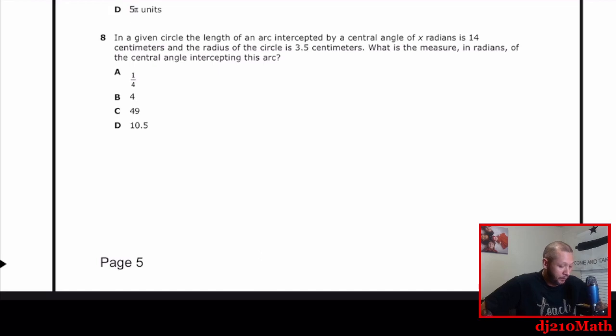In a given circle, the length of an arc intercepted by a central angle of x radians is 14 centimeters. So the central angle is x radians. The length of the arc is 14 centimeters. And the radius is 3.5.